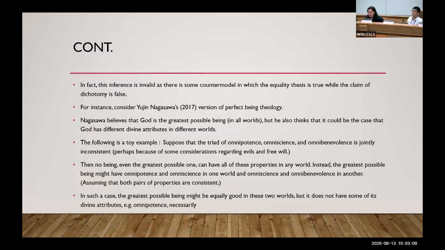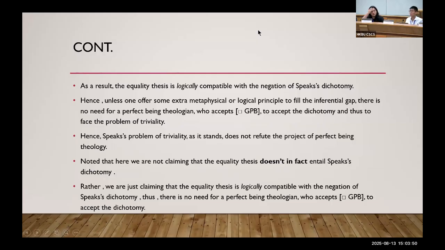That is, in other words, it is metaphysically or even logically impossible for a being to hold these three properties at the same time. Then no being, even the greatest possible being, can have all of these properties in any world. Instead, the greatest possible being might have just two of them in some world and another two in another world. In such a case, the greatest possible being might be equally good in these two worlds, but it does not have some property in all possible worlds. As a result, the equality thesis is logically compatible with the negation of Speaks' dichotomy.